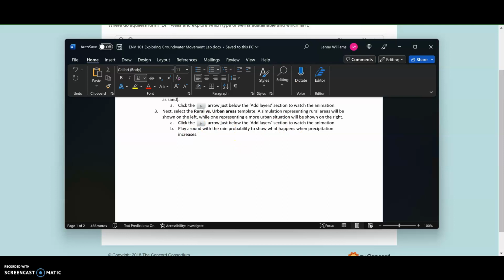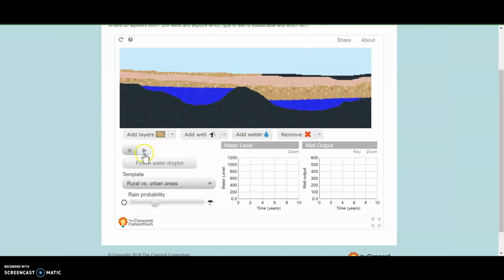So we've got rural area here, more urban area here, and you can see that with the asphalt, because urban areas have a lot of roads, and so you've got a lot of asphalt in that area. So we're just going to go ahead and hit play.